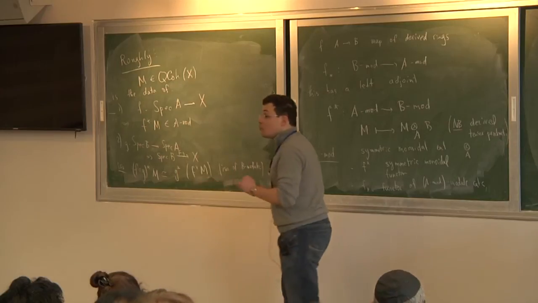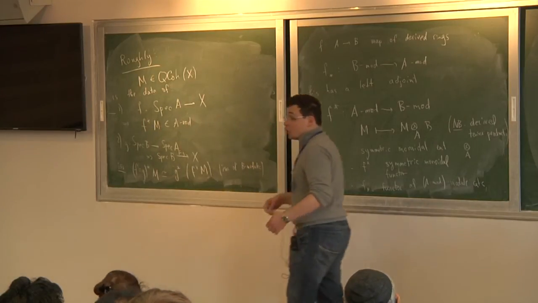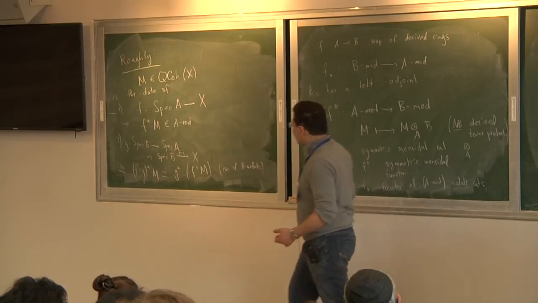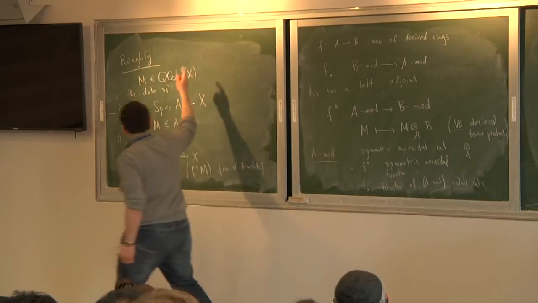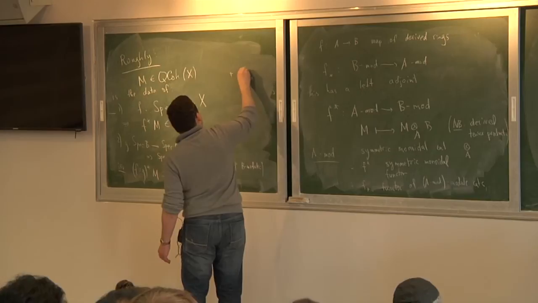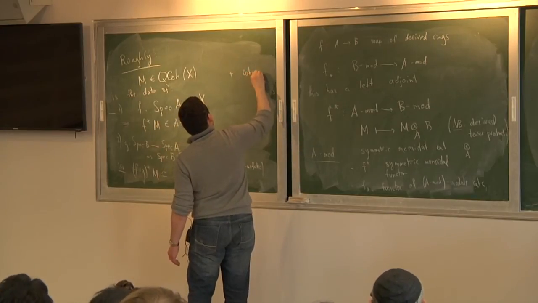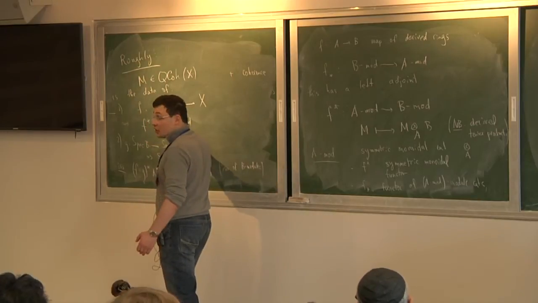So we're not done, because there's some coherence for further composition. Even at the abelian level, there would be a cocycle condition, but in this world of infinity categories, this is infinitely many. So plus coherence. So this guy is an object of this DG category.